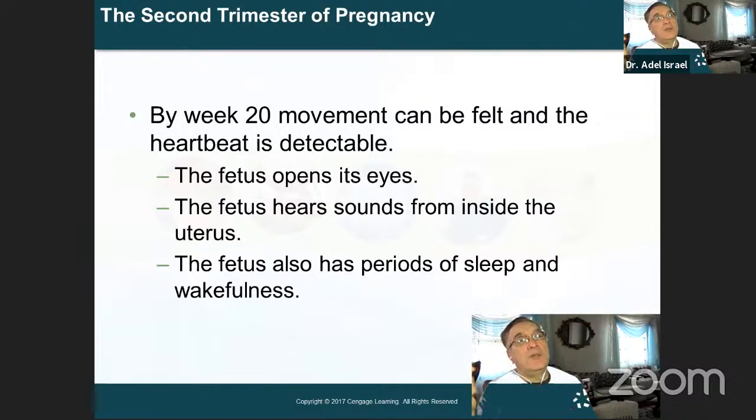It is also important that the mother during this time listens to some slow music, so it will have a good effect on the development and activity of the baby.